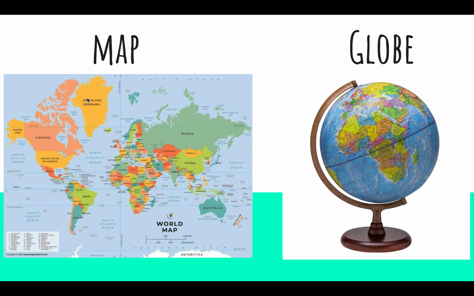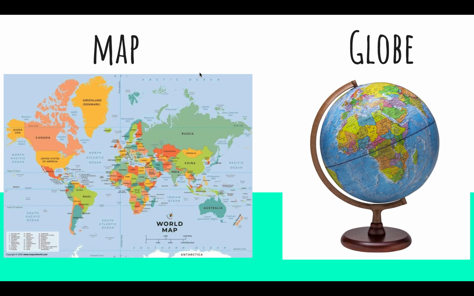For example, Greenland looks enormous when it's close to the top of the map, but on a globe it's actually much smaller. So keep in mind that on maps, the shape of countries is very accurate, but the size is not so much. Whereas on a globe, size and shape are both very accurate.